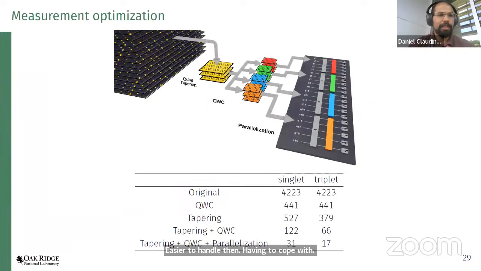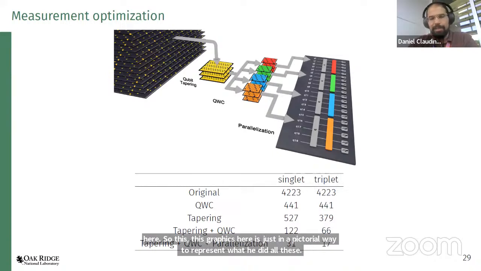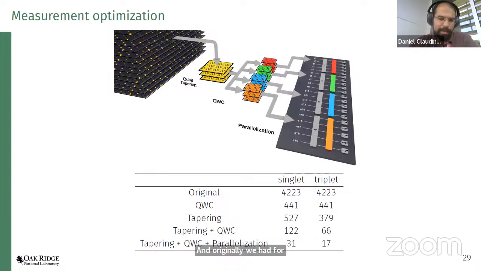constraints of the hardware. So this graphic here is just a pictorial way to represent what we did, all these multiple approaches. Originally, for the singlet and the triplet manifold, we had the same number of circuits, almost 8,500. Applying the qubit-wise commuting technique, we brought it down by about an order of magnitude.